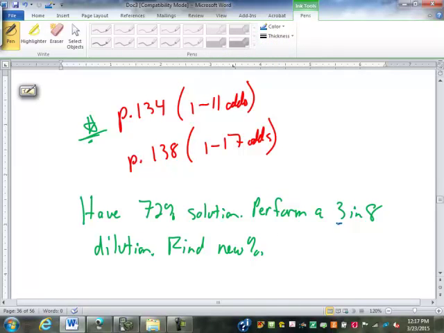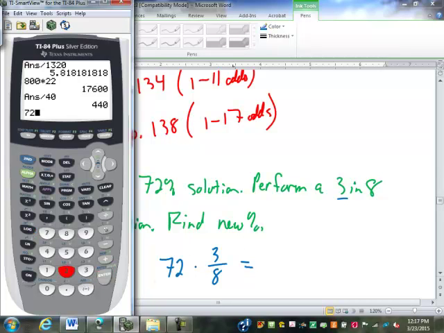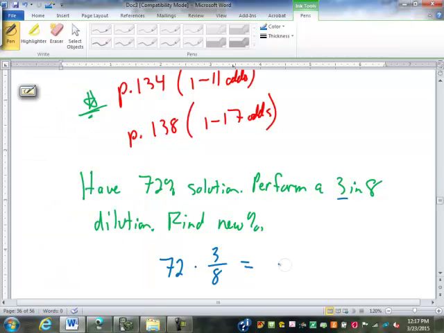Well, in a case like that, we've done all the stuff we need to make this happen, but just to show you the shortcut, we know that the 3 and 8 is the new percent over the old percent. So if we just take our 72%, the old concentration, and multiply by that dilution of 3 and 8 as a fraction of 3/8, 72 times 3 divided by 8 should give us 27%, which would be our new concentration.